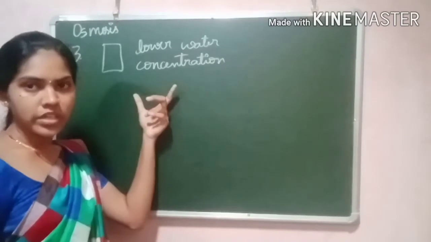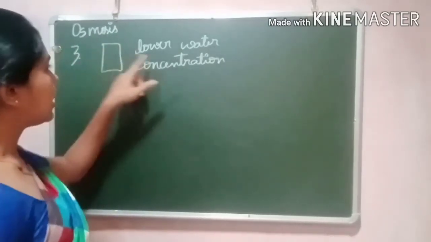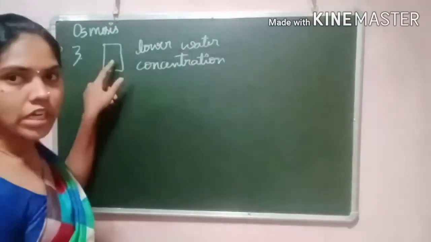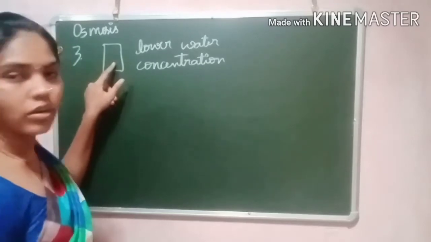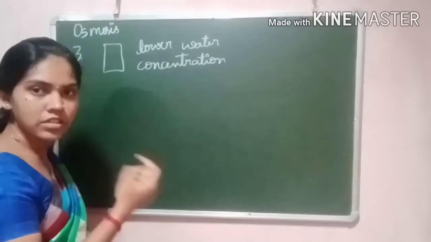Take another solution. If the medium surrounding the cell has a lower water concentration compared to the concentration of water inside the cell, what happens? In which direction does the water move?